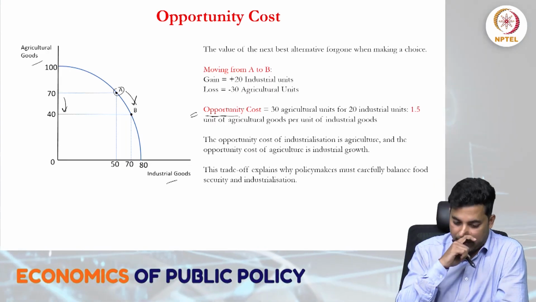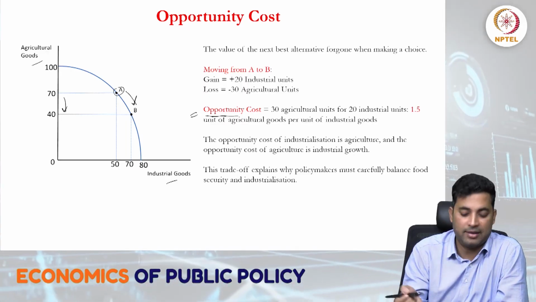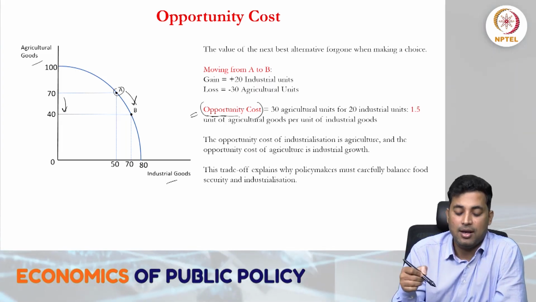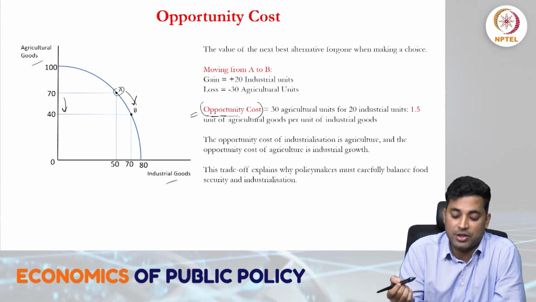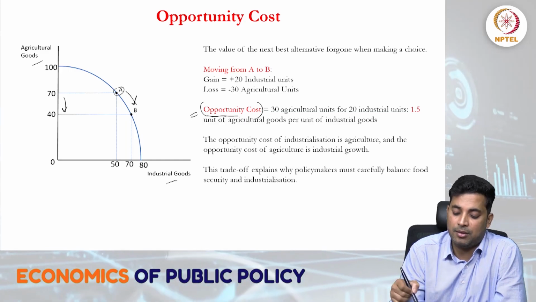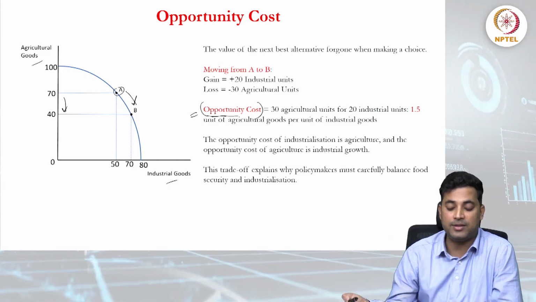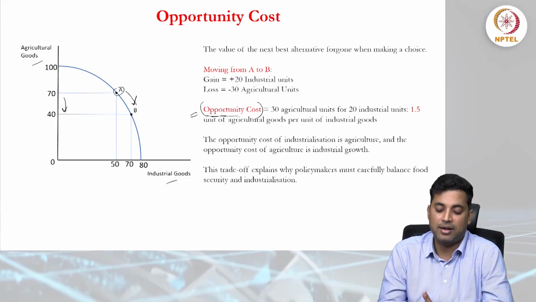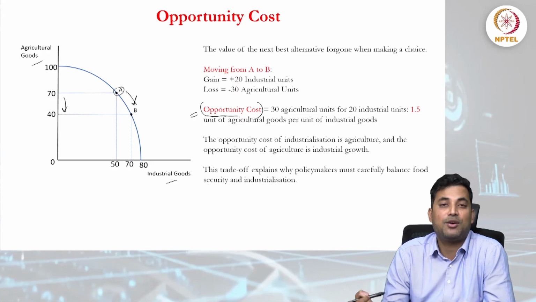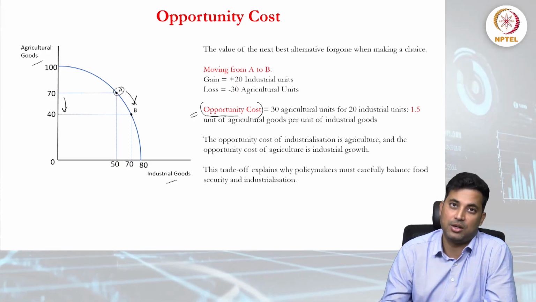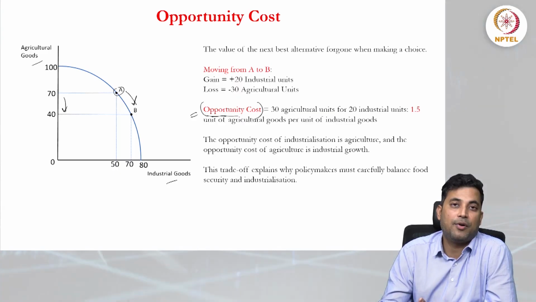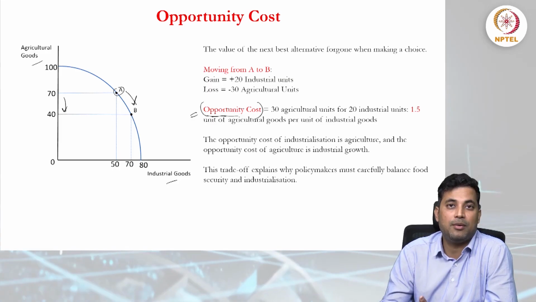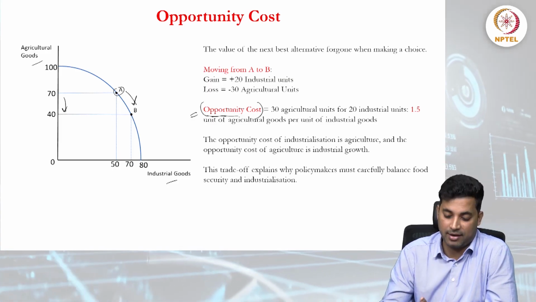Generally, opportunity cost is a very important point of discussion about the trade-off. At the macro level, at the policy level, the opportunity cost of industrialization is agriculture, and the opportunity cost of agriculture is industrial growth. So it is basically the choice for any government: what needs to be focused on more, agriculture or industry.